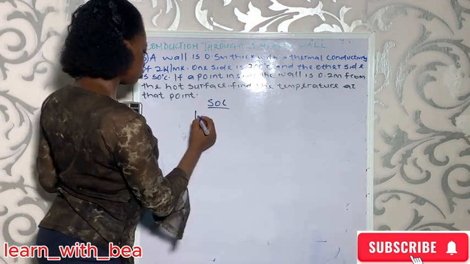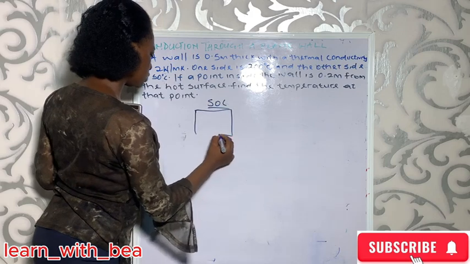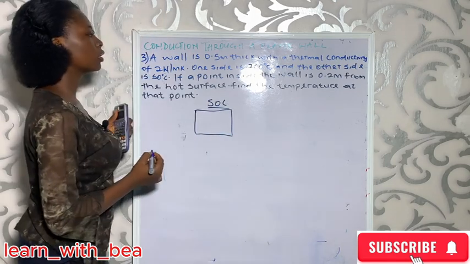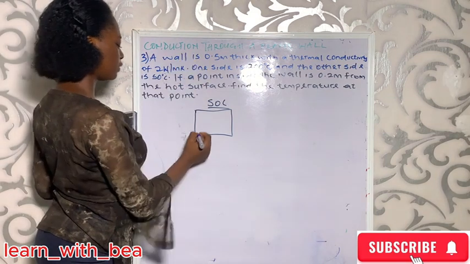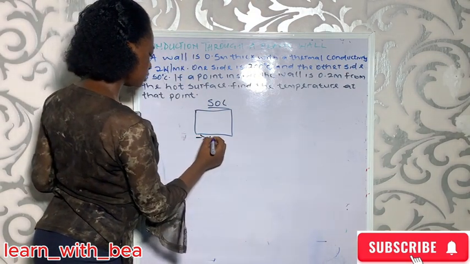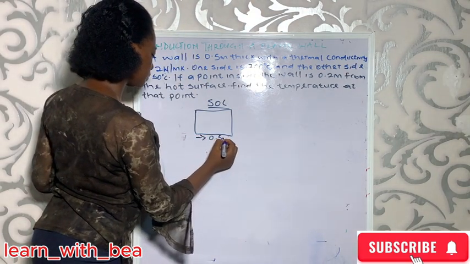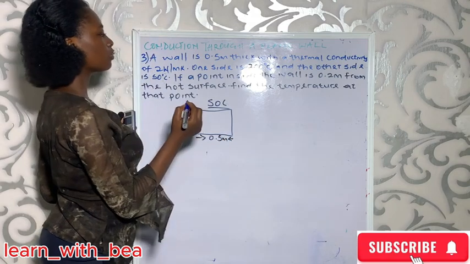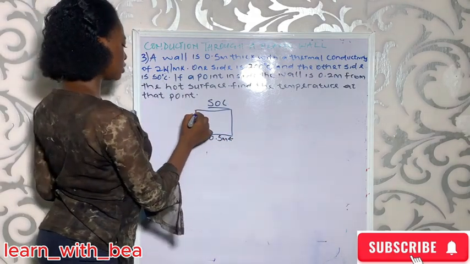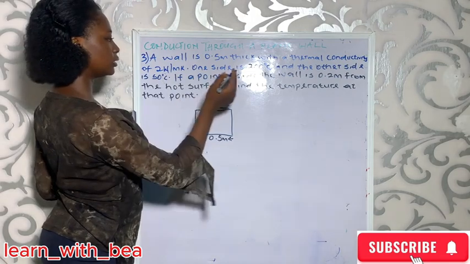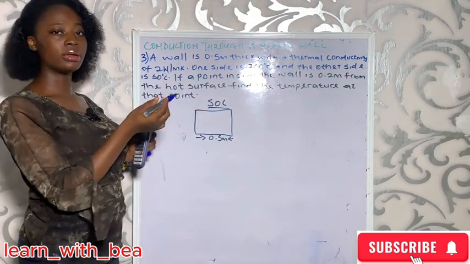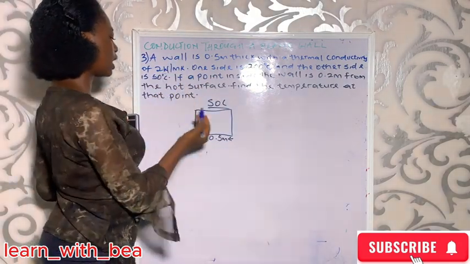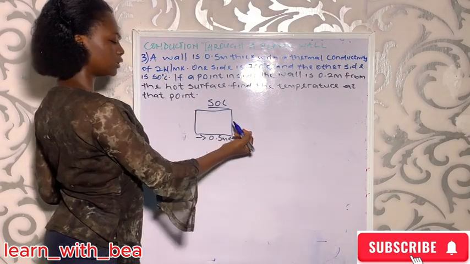So let's draw it out. We are assuming this is our wall. They said a wall is 0.5 meter thick, so that means this is 0.5 meter thickness of the wall. One side is 200 degrees C and the other side is 50 degrees C. We know that temperature decreases, so the 200 degrees C should be here and 50 degrees C should be here.